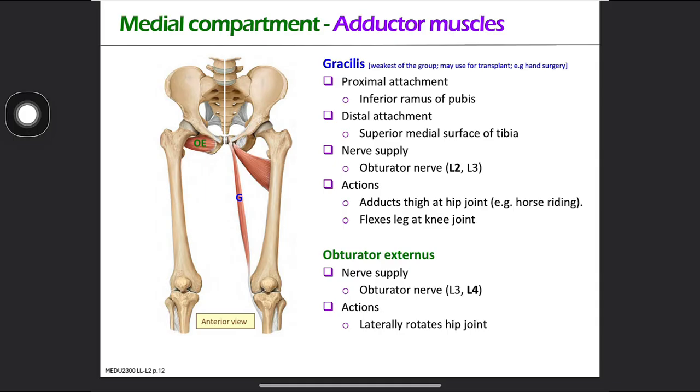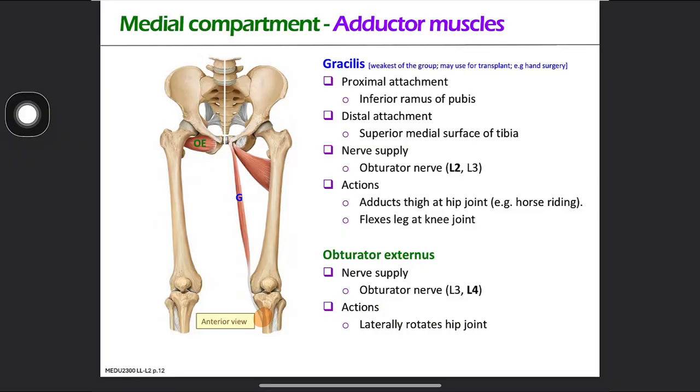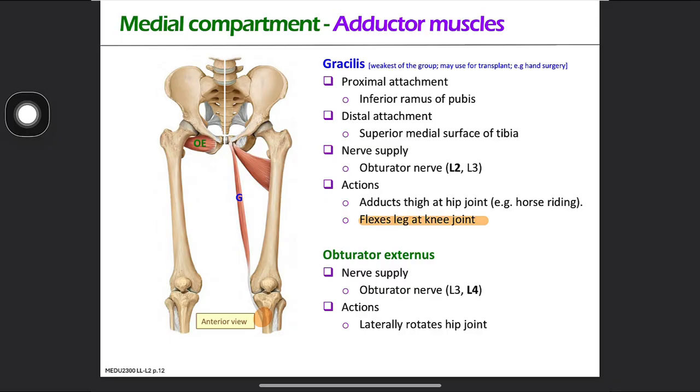Then this one, can you see that it actually goes down to the medial tibia, okay? And then the action is, again, to adduct the thigh at the hip joint, but this one can also help to flex the knee joint. So you can imagine that if this muscle tightens, the knee will bend to this side, you will slightly flex the knee, okay? And we also have another small muscle here called the obturator externus, okay?